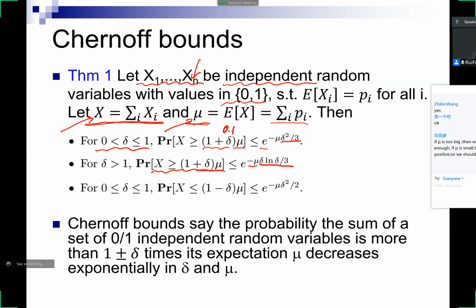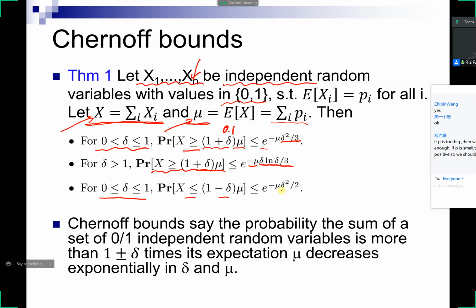And the final part of the first version of the Chernoff bounds is this. So far this was for delta between 0 and 1, but now, what if you want to look at the probability x is less than its expectation? Here you're looking at what's the probability x is larger than its expectation, and in the final case, you're looking at what's the probability it's less than its expectation by a factor of more than 1 minus delta.